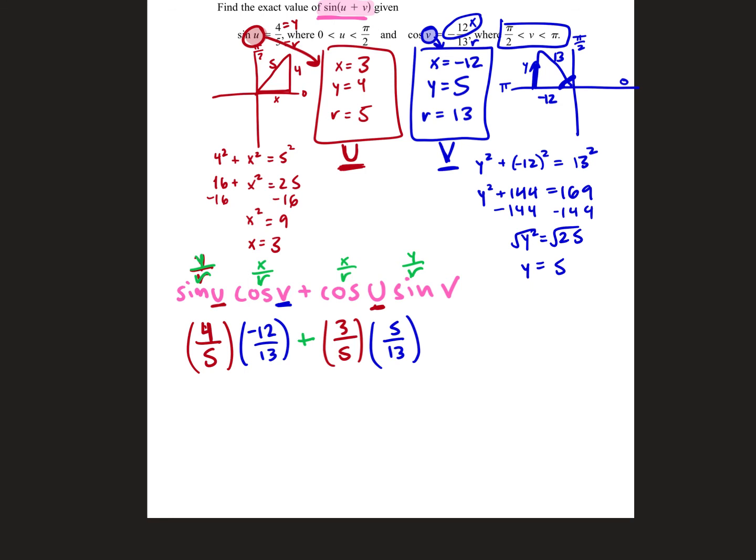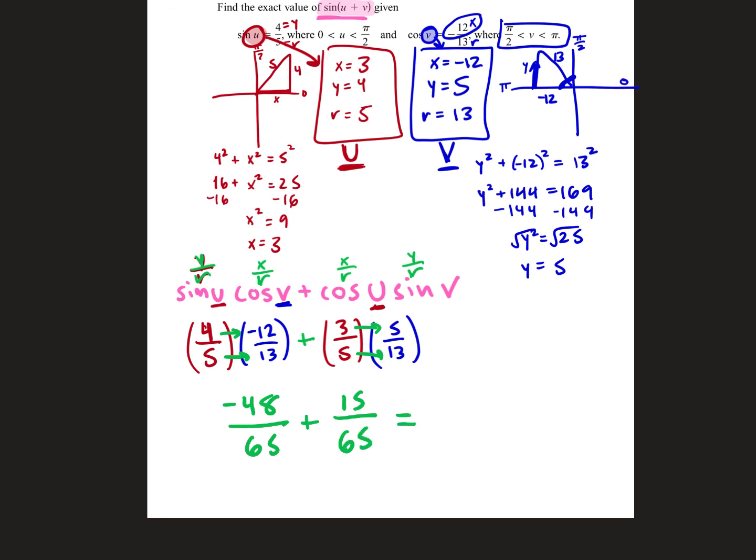Then from here we multiply. So multiply straight across on the top and straight across on the bottom. 4 times negative 12, negative 48. 5 times 13, 65. 3 times 5 is 15. 5 times 13 is 65.